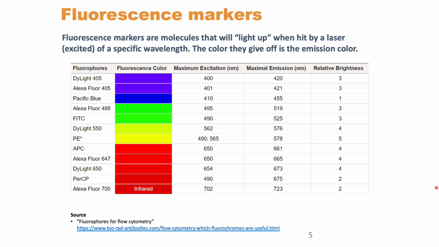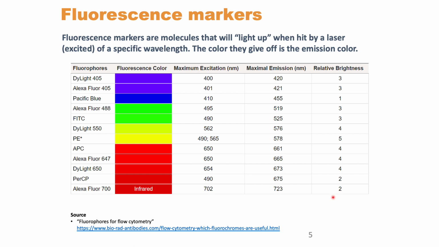We can use these along with what we know about cells to detect specific characteristics about cells. Here you can see a list of different fluorophores: the fluorescent color they emit, the range of the wavelength that we can use to excite them, and the relative brightness, so how useful these are in a lab.